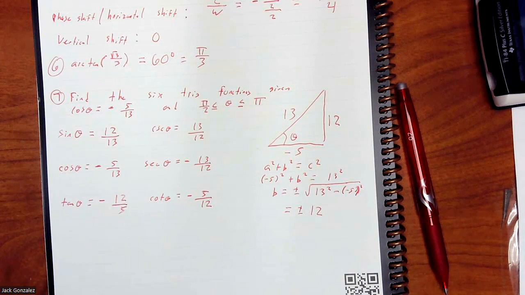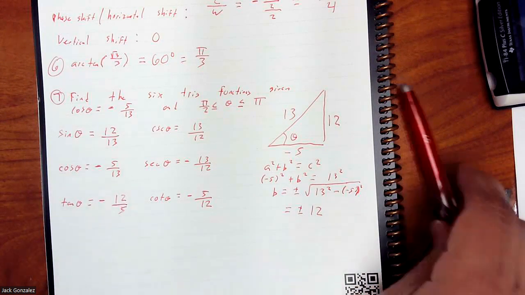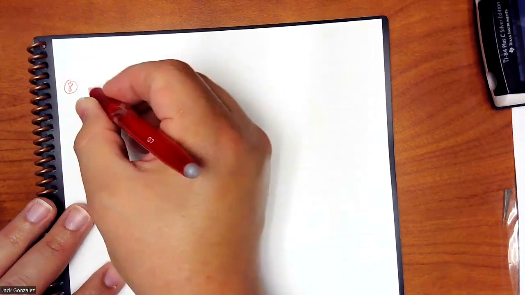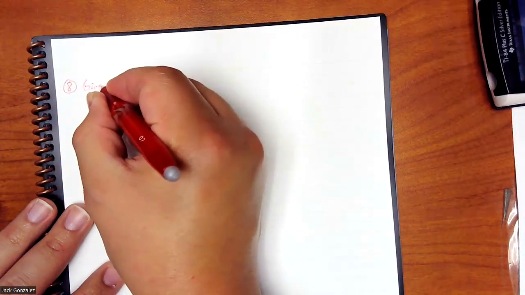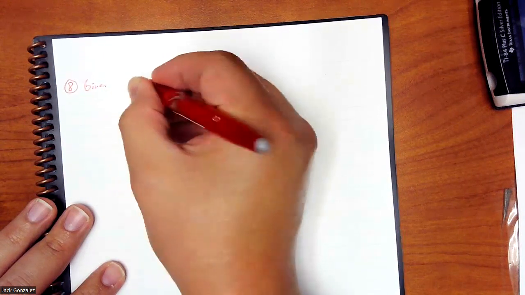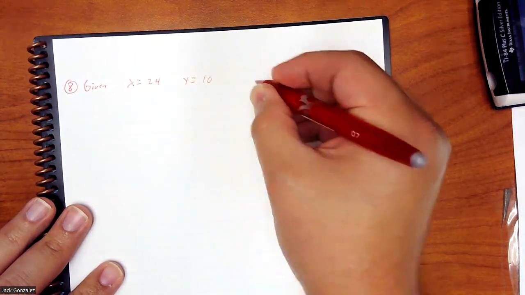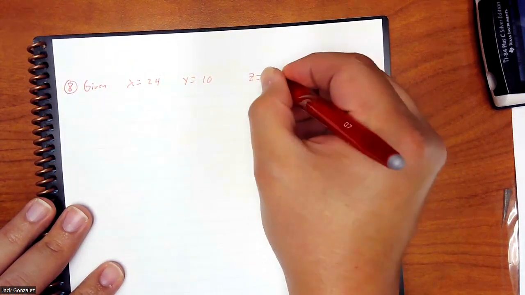All right, number 8. We're going to give you a triangle and ask you to find the sine, cosine, tangent of phi. Given x equal to 24, y equal to 10, and z equal to 26.